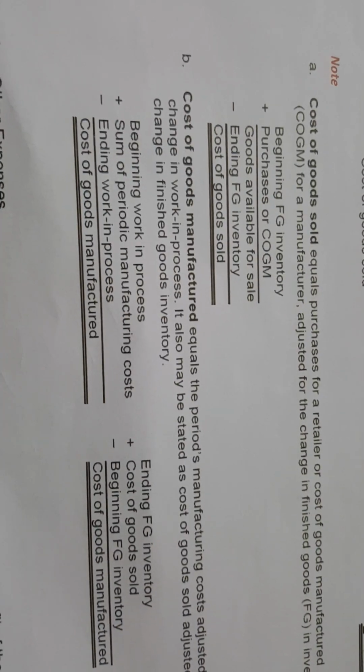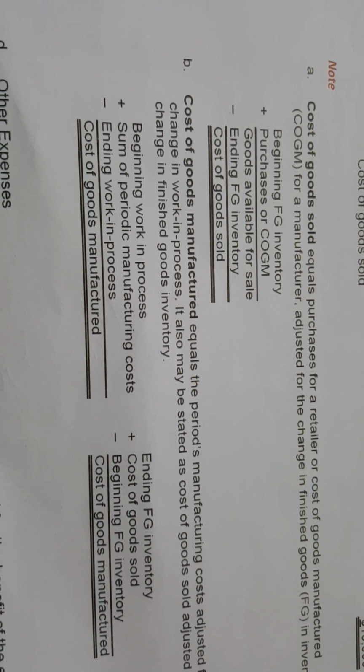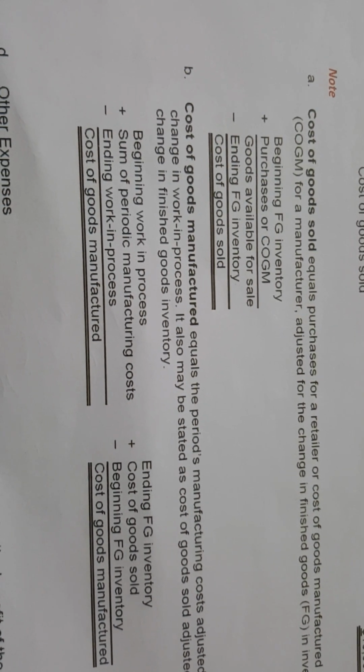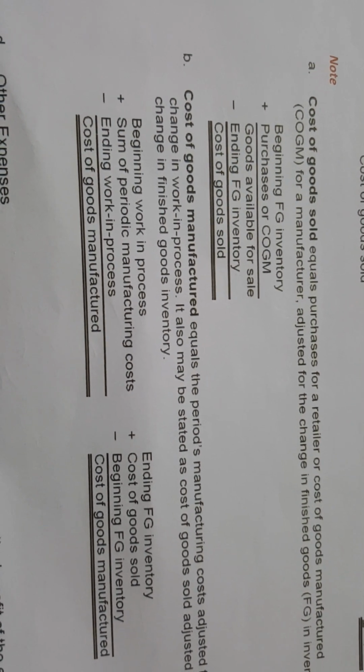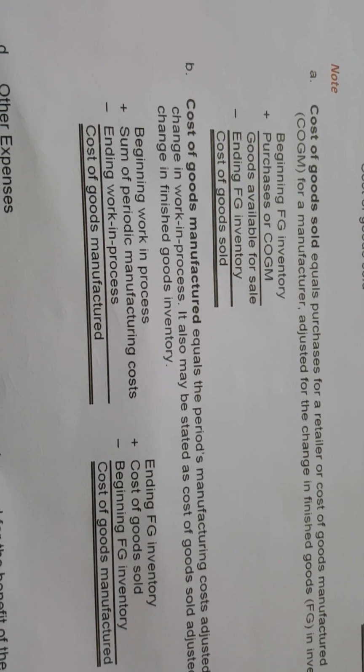Then you are getting the total manufacturing cost. In the total manufacturing cost you are adding beginning work in progress and deducting ending work in progress, and then you are getting the cost of goods manufactured.